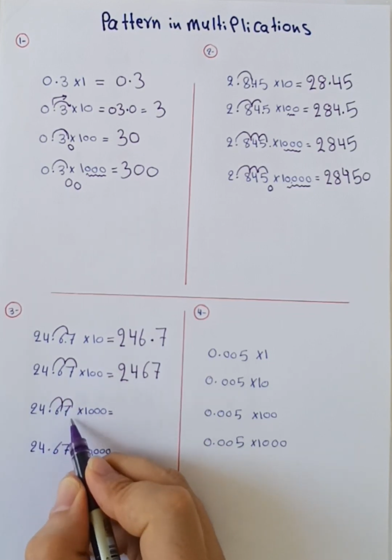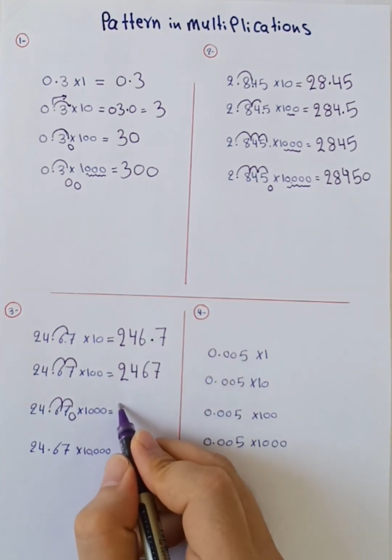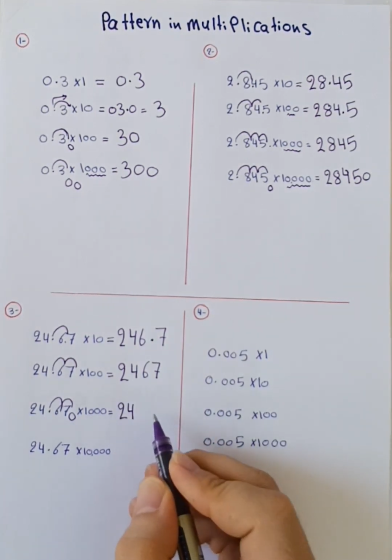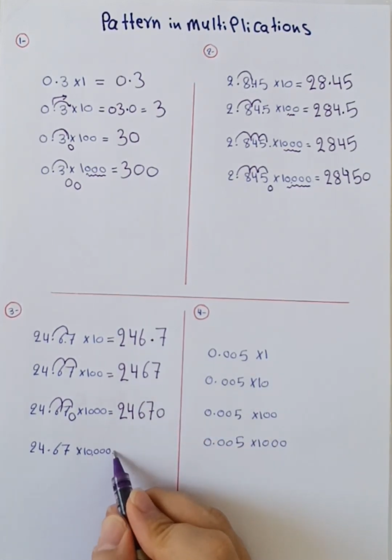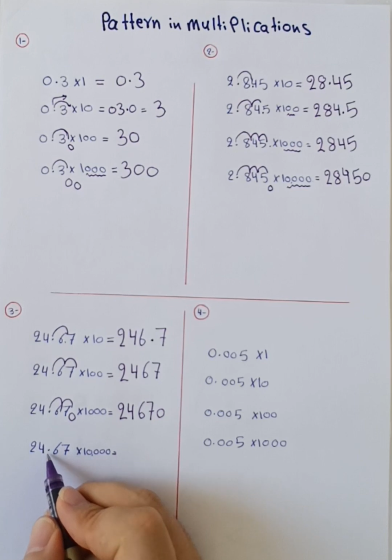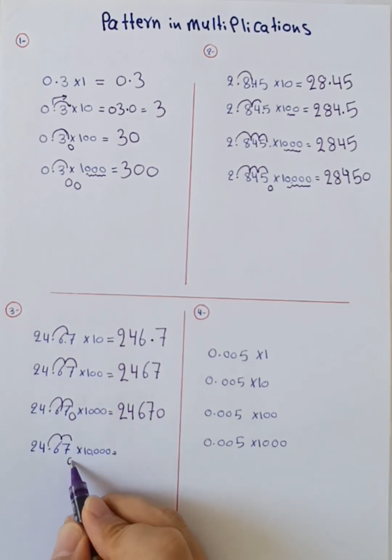When we multiply by 1000, this decimal point moves 3 steps to the right side. 1, 2. We have to add 1 zero. So the product is 24,670. And then when we multiply by 10,000, this decimal point moves 4 steps to the right side. 1, 2, 3, 4.